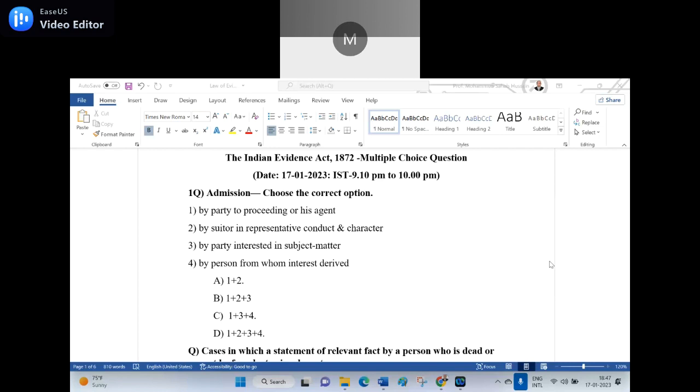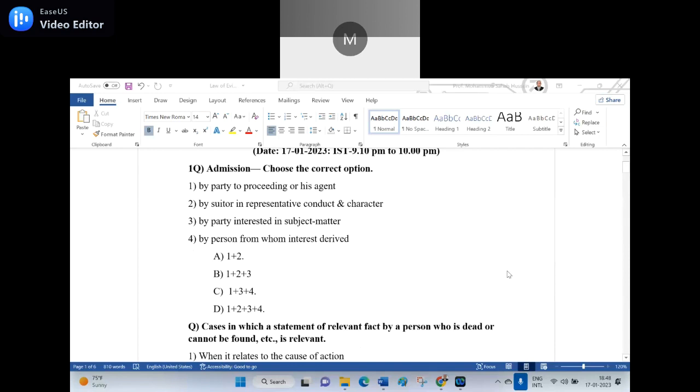By suitor in representative conduct, I added conduct and character. There is no conduct, that you have to say. Representative, no conduct and character. That is only character, representative character. So the other 3, 4 are right. Hence C is the right answer.